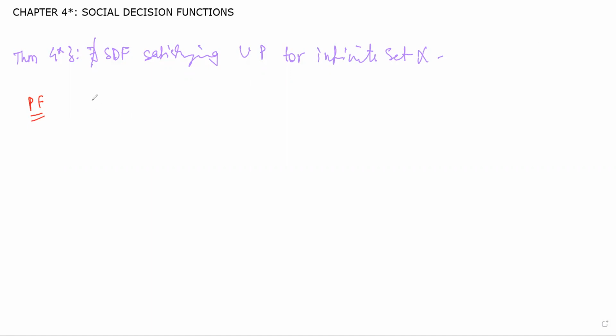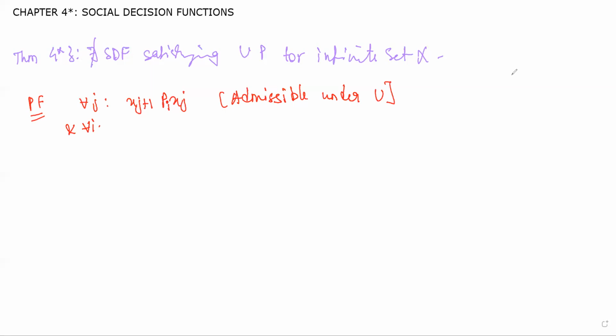We will have this: for all j, suppose x_{j+1} P x_j, and this holds for all j and all i. Okay. And this sort of individual ordering is admissible under condition U, which is an unrestricted domain condition, as we have done for all counterexamples before this.